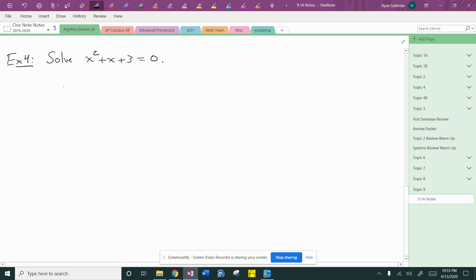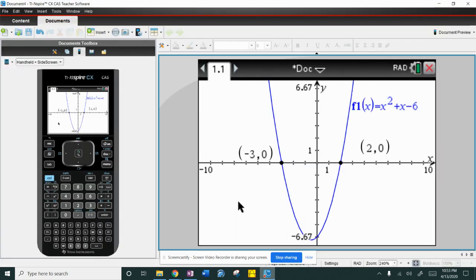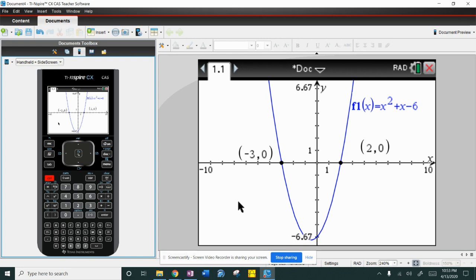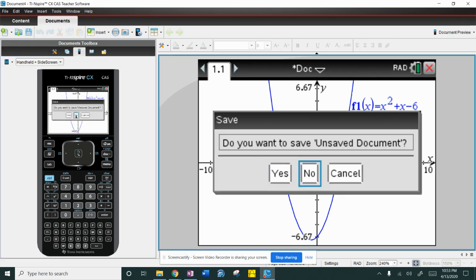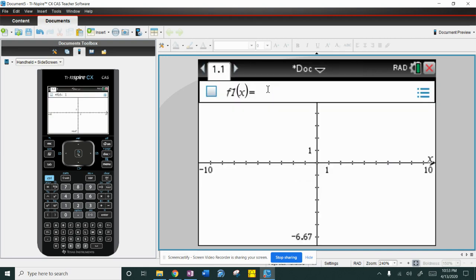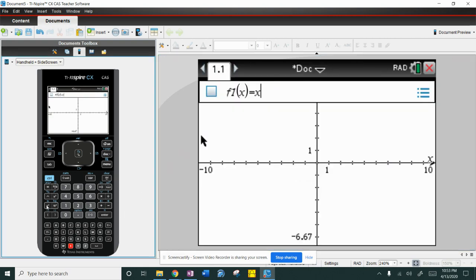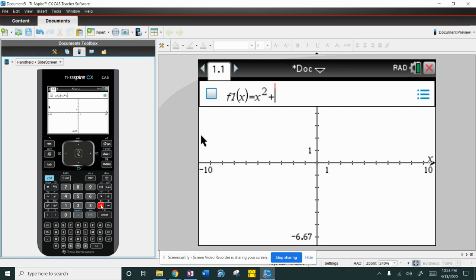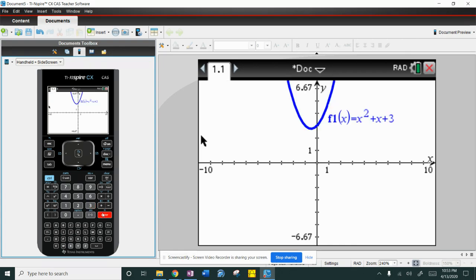All right, let's take a look at what happens with this problem. I have my x-axis and my y-axis. I'm going to do a new document here and graph x squared plus x plus 3. When I graph that, what do you notice? This graph never crosses the x-axis.